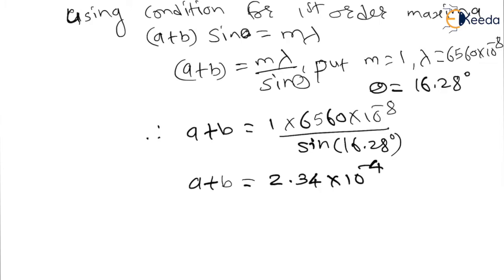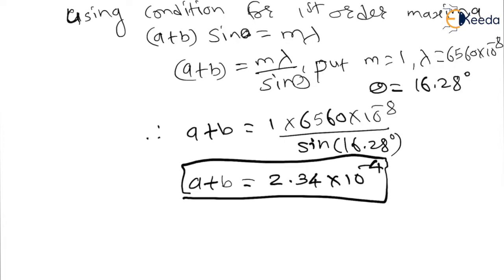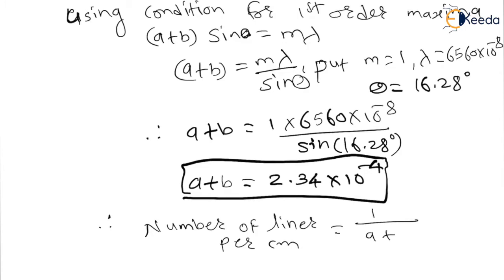Therefore, from this data, how you can find number of lines per centimeter? Therefore, number of lines per centimeter is obviously 1 upon a plus b, because a plus b is 1 upon number of lines per centimeter.